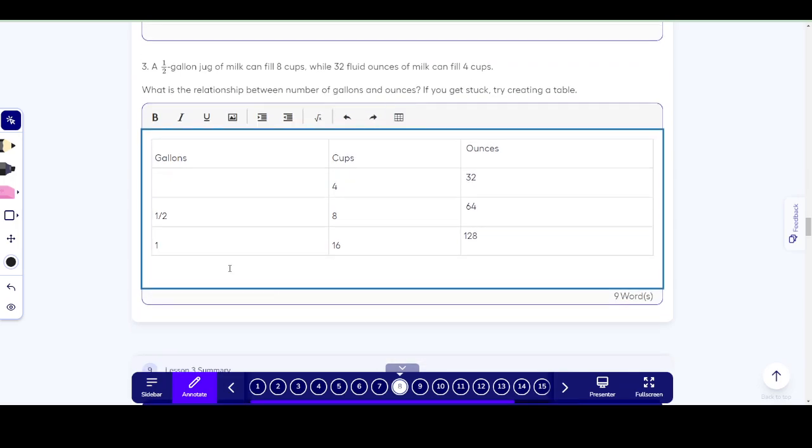So in this case, we are taking the number of ounces is multiplied by how many gallons.